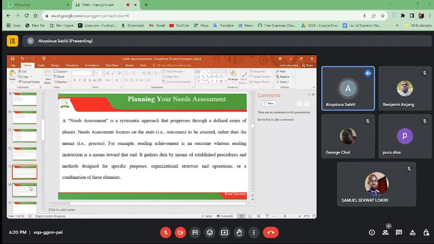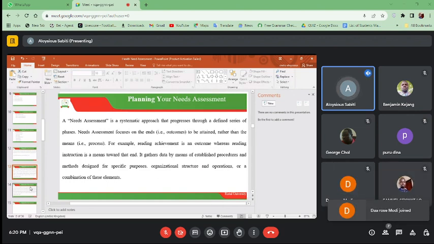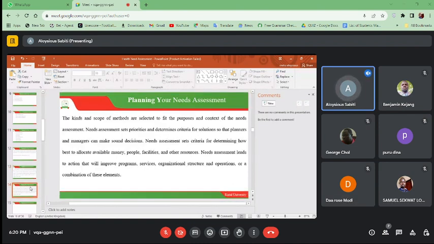You look at the end. What is then the priority for this particular community? Those are the key strategies or the definition of needs assessment.